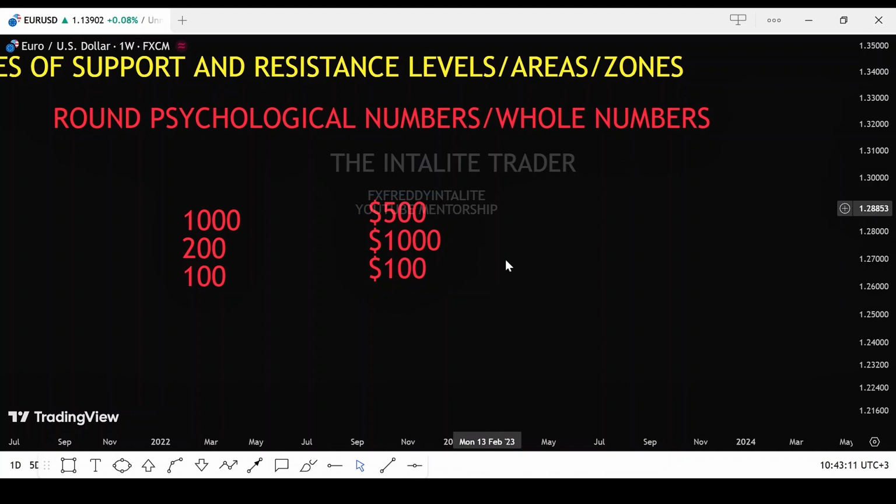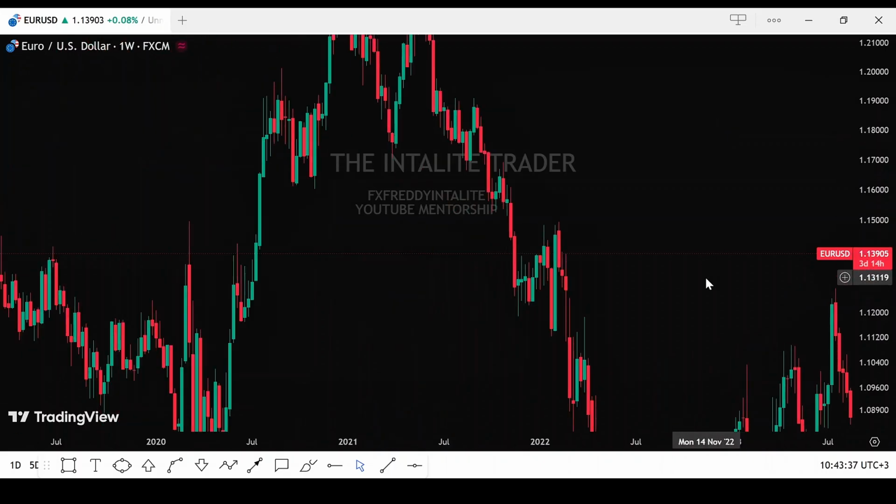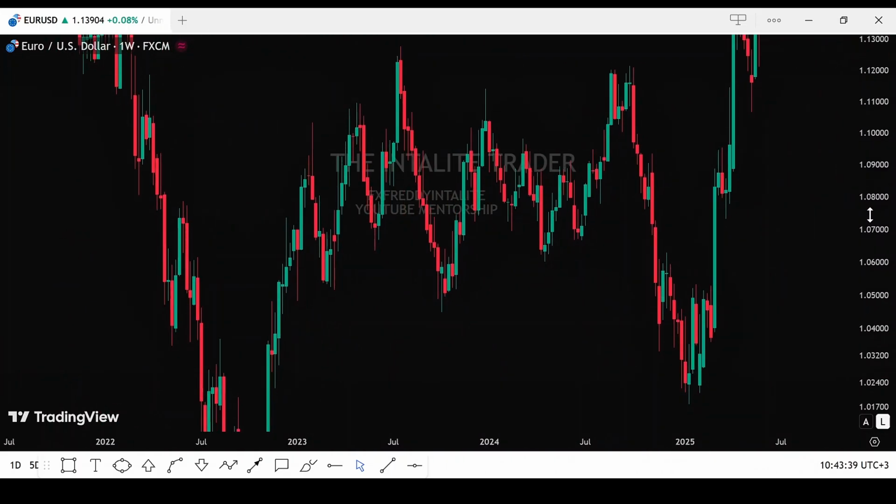So these whole numbers, the traders will always want to close and open positions using these whole numbers. So these price levels should be treated as general zones. If we come to, let me say here, this is Euro USD.